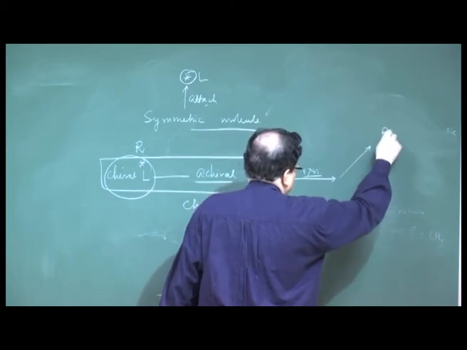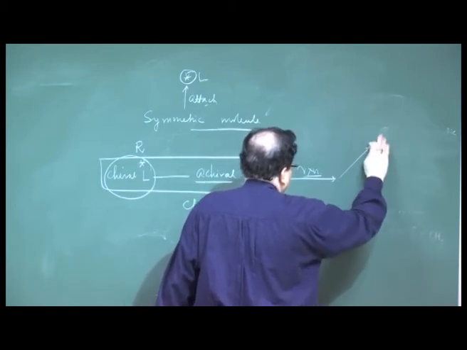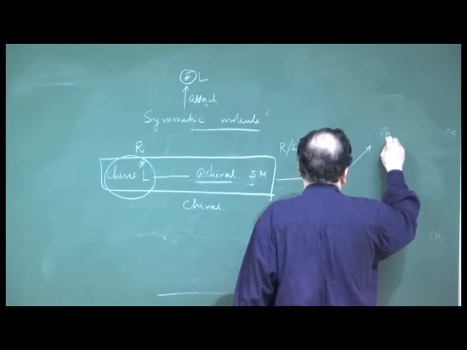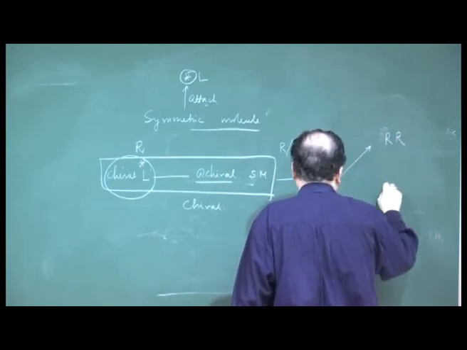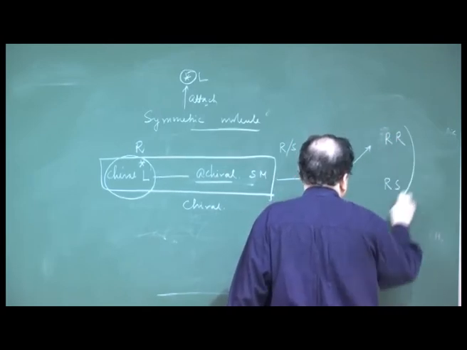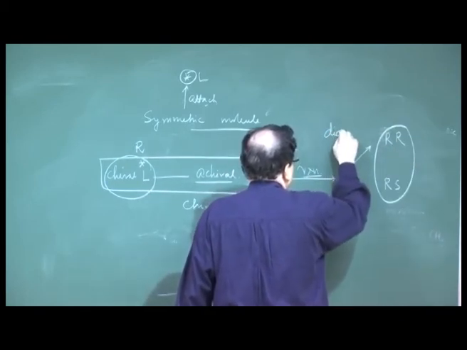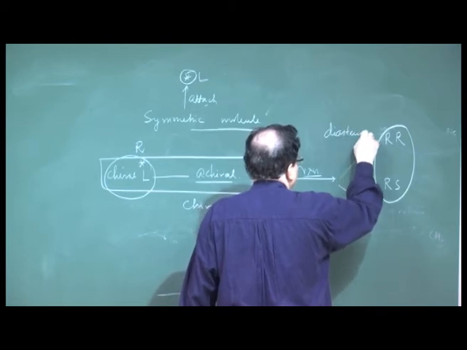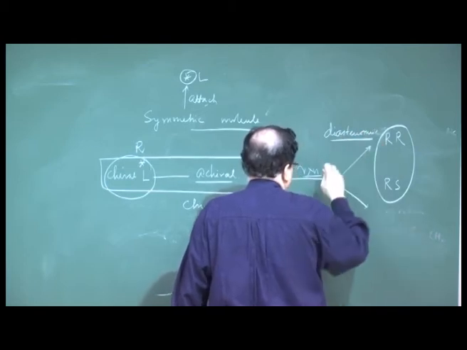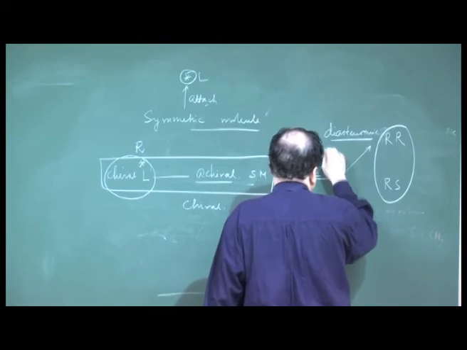Your transition states will be diastereomeric, because you are now producing diastereomers RR and RS. If these are diastereomers, that means you are going through a diastereomeric transition state. So, there is a possibility that you can get enantiomeric excess.